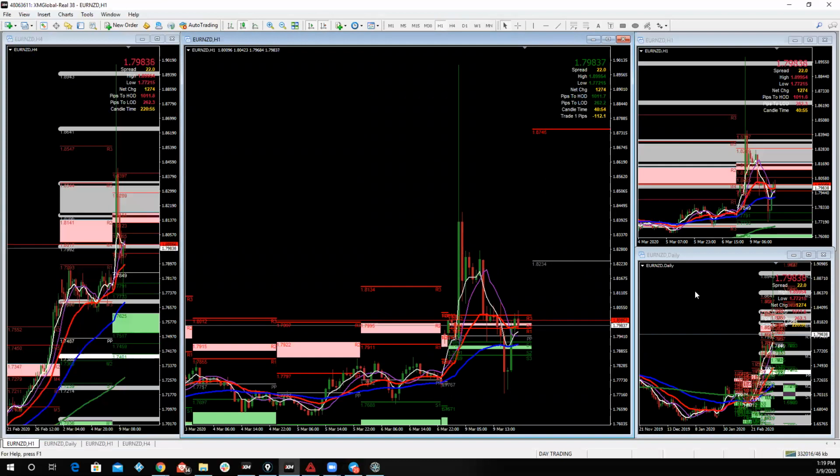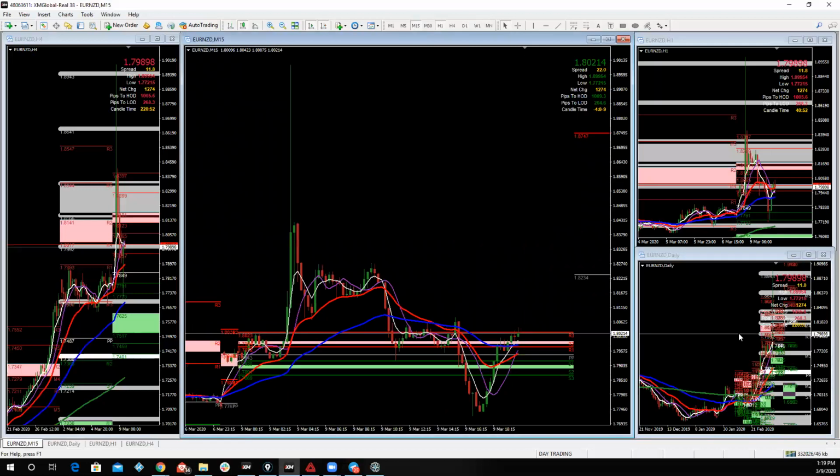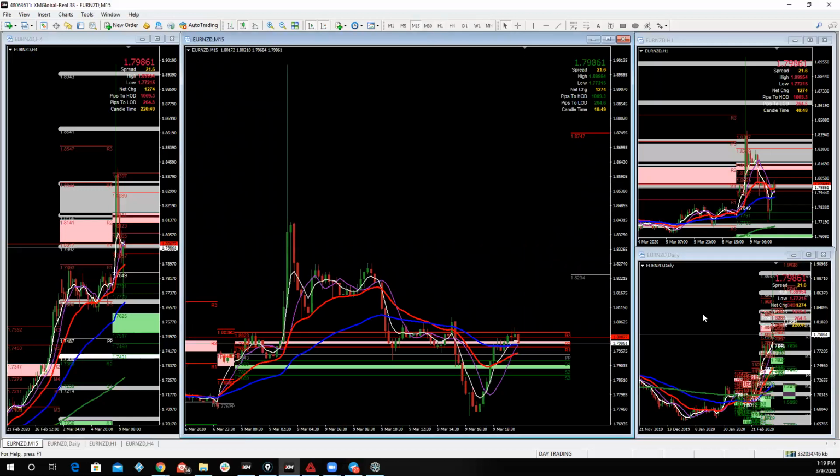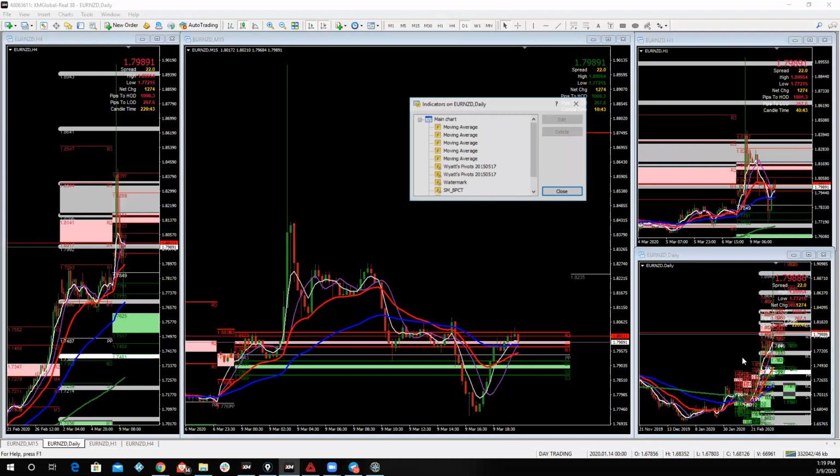So I'm going to go back to the daily. Let us start with the daily first. We're going to clean up this. It's too much with this because the window is very small, so it's just too much. So I'm going to remove all of these unwanted indicators on the chart.